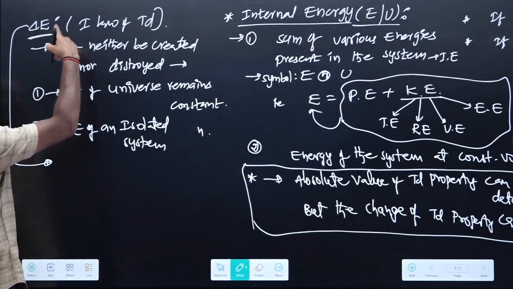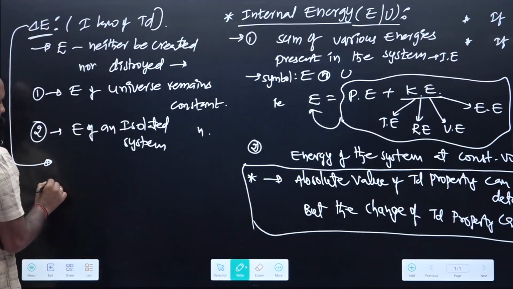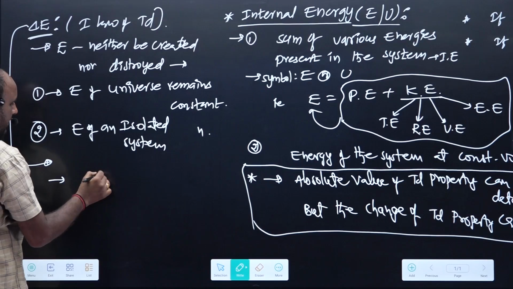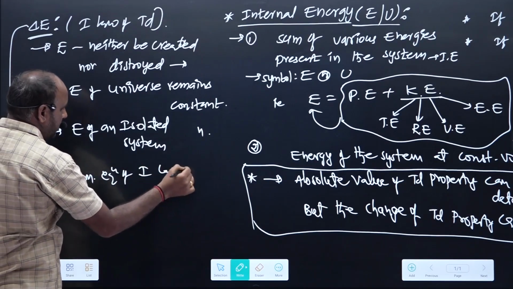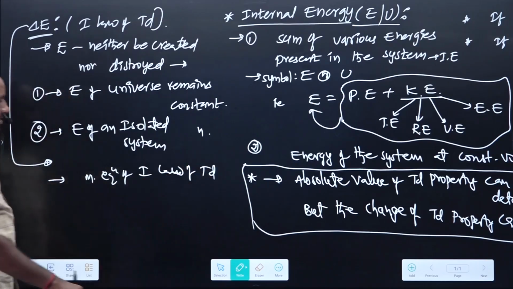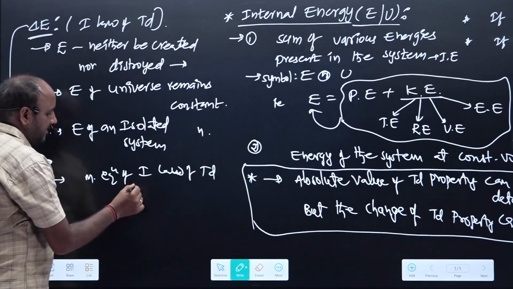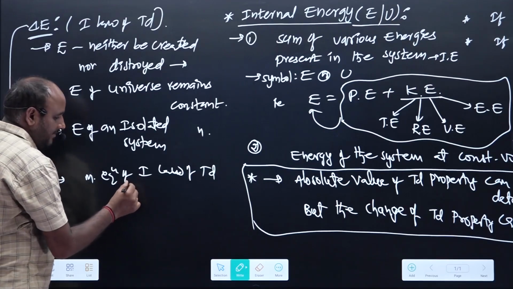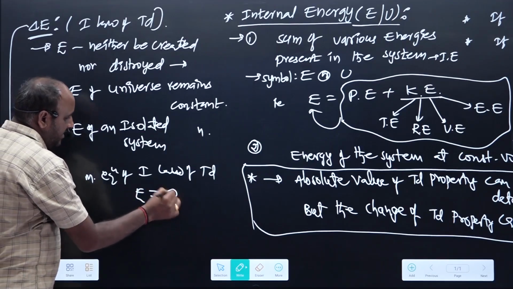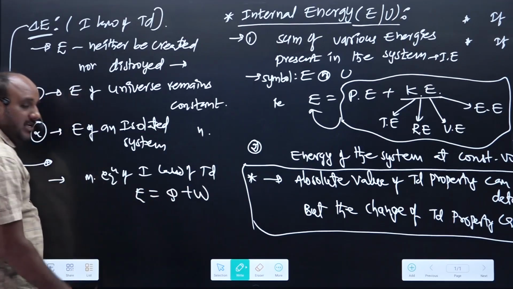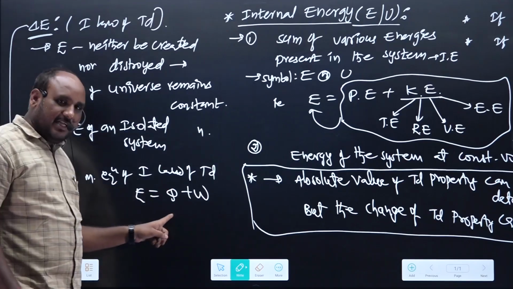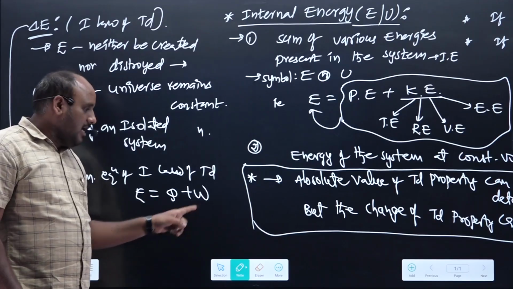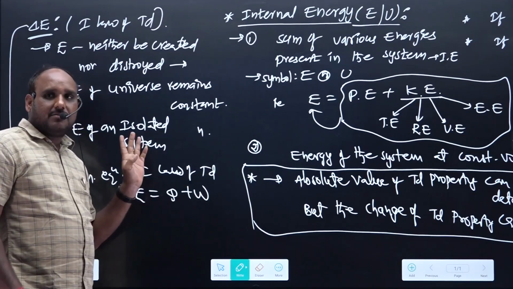How are we getting that definition from the first law of thermodynamics? Write down the mathematical equation of the first law of thermodynamics. Internal energy is equal to Q plus W: the amount of heat absorbed by the system and work done by the system.